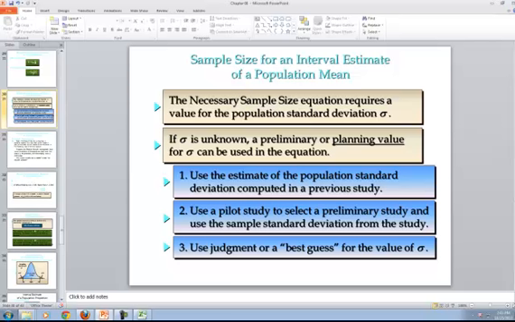If it is unknown, then we may have to use the following steps. First, you could use a population sigma that you've obtained from a previous study. Use a pilot study to select a preliminary sample, or use your best judgment or best guess for the value of sigma.